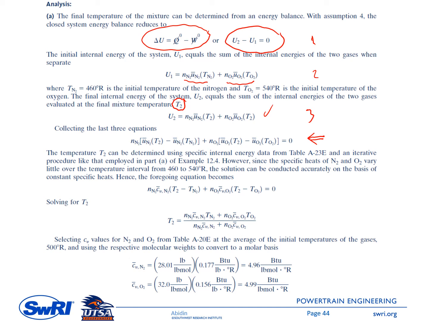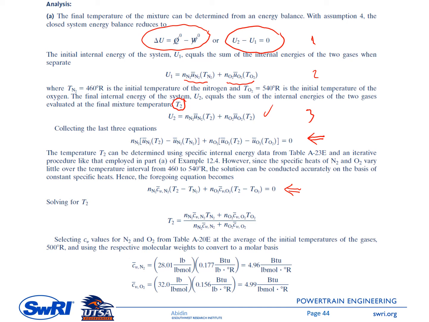Again, we need an iterative procedure here, like the previous example. However, since the specific heats of N2 and O2 vary little over the temperature interval between 460 and 540, we can assume that the specific heat is constant, and we will get a simple equation like this one.